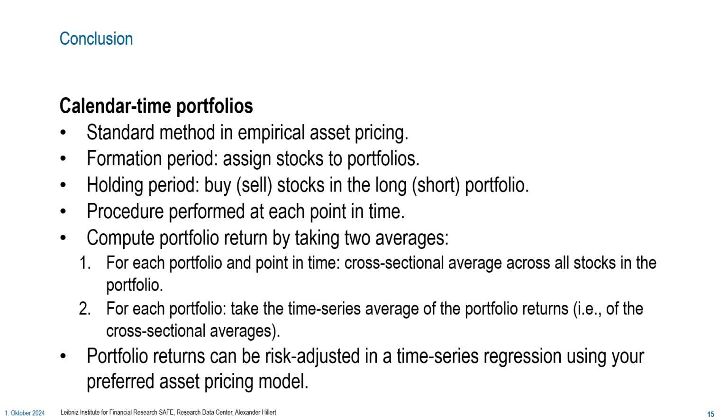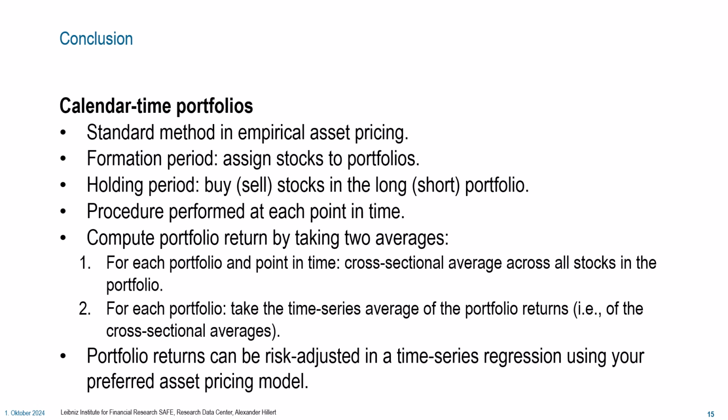And then we can finally also adjust this time series of portfolio returns using your preferred asset pricing model. It could be the capital asset pricing model, but could also be the Fama-French 1993 3-factor model, or the Carhart 97 4-factor model, or any other asset pricing model you have in mind. And then you would basically test: do you still find a significant alpha after adjusting for systematic risk?